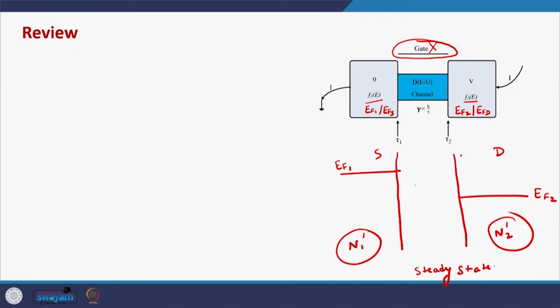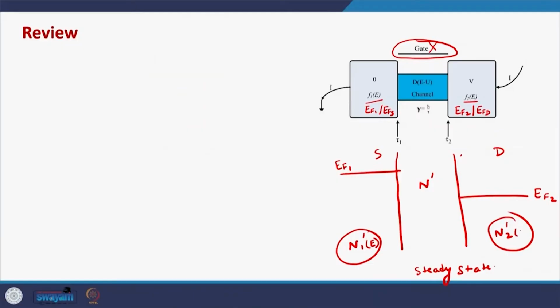In steady state, the number of electrons in the channel is n prime, and if we consider the energy range from E to E plus dE, n1 prime E is the number of electrons in the channel in the energy range E to E plus dE, n2 prime E is the number of electrons in the channel in the energy range E to E plus dE, and n prime E is the number of electrons in the channel in the energy range E to E plus dE.